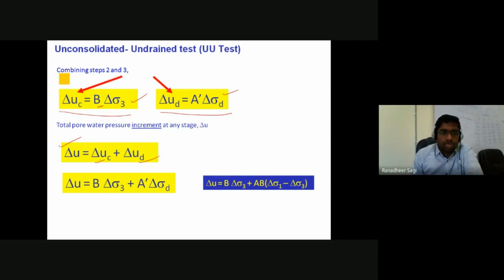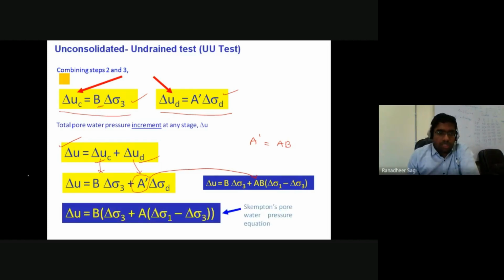So this term I am replacing as B into delta sigma 3, whereas this term I am replacing as A dash into delta sigma D. And this A dash I am rewriting as A into B. To be more specific, this capital A stands for Skempton's pore water pressure parameter A, and capital B stands for Skempton's pore water pressure parameter B. So this A dash, in simple terms, we are writing as A into B.